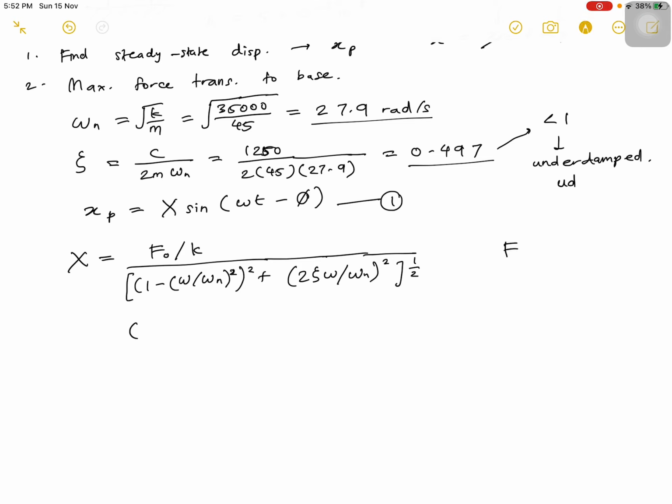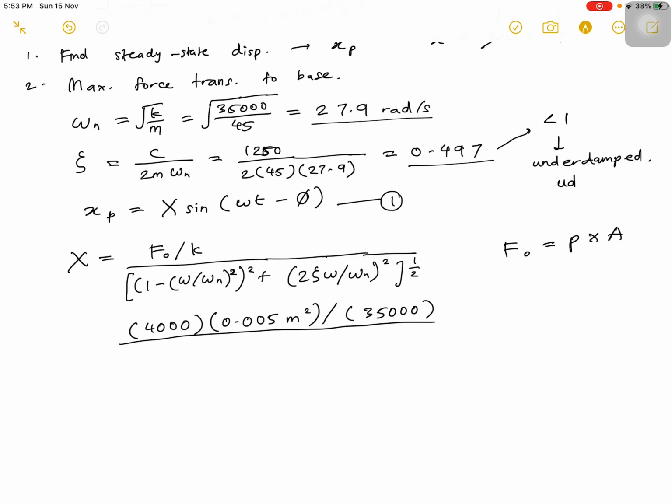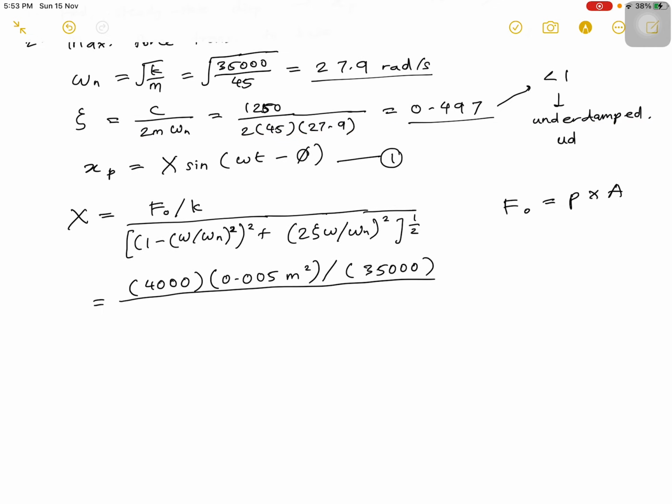So remember, force is equal to pressure times area. Okay, so the pressure is 4,000 Pascal, the amplitude for the pressure vibration, and we have the area, this value. Okay, so we get the F0, and then we replace the k, 35,000. Right? So, okay, and the bottom one, also replace everything.